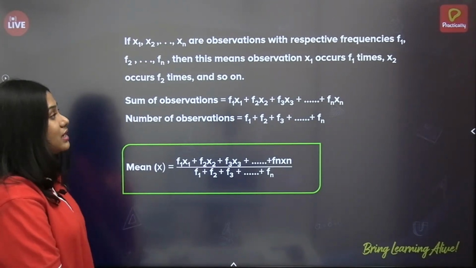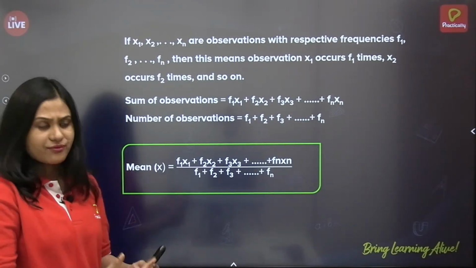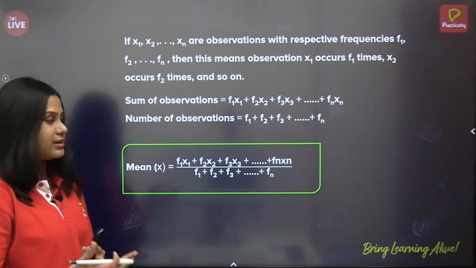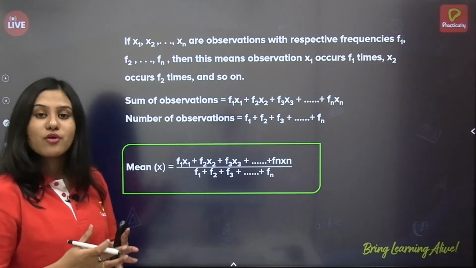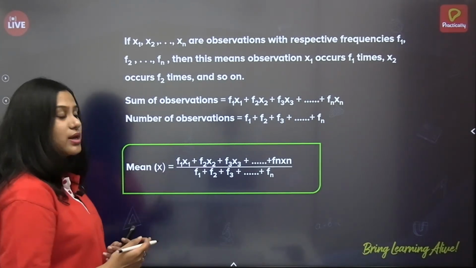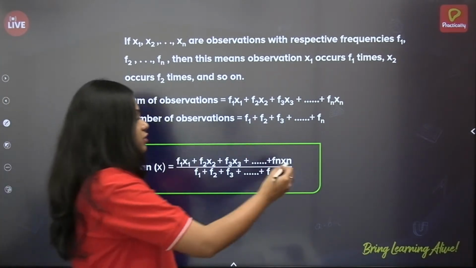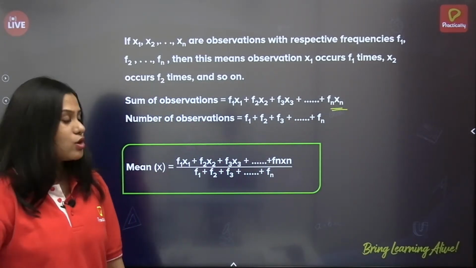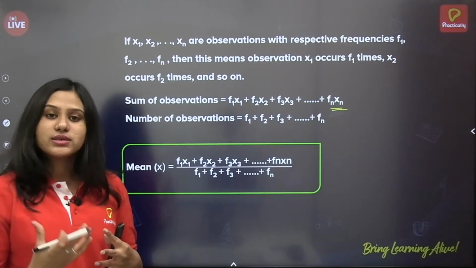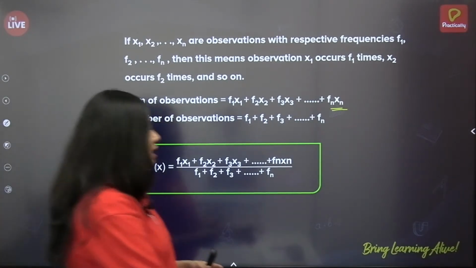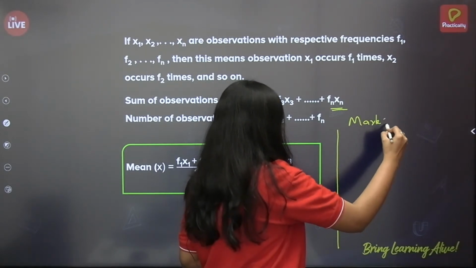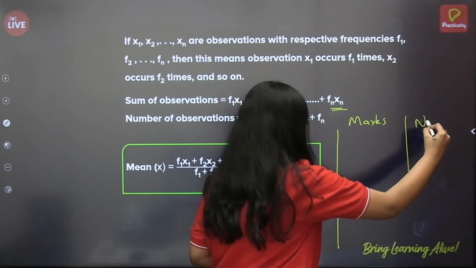So then, the observation x1 occurs f1 times, x2 occurs f2 times, so on till xn occurs fn times. So what will be the sum of observations? f1 x1 plus f2 x2 plus f3 x3, so on till fn xn, correct? Let me take an example here again. We'll take marks out of 10 and number of students.